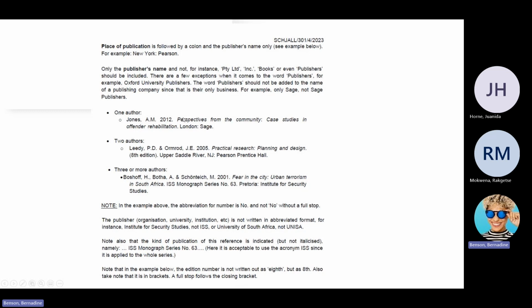You can do it with a capital: Perspectives from the Community with a big C, Case Studies with a capital C, S with a capital S, In Small, Offender with a capital, Rehabilitation with a capital. But then this one will have to read Practical, Research with a capital R, Planning and Design with a capital D. So you see it's these key terms that are capitalized if you follow that format. Words like from, the, in would not be capitalized.